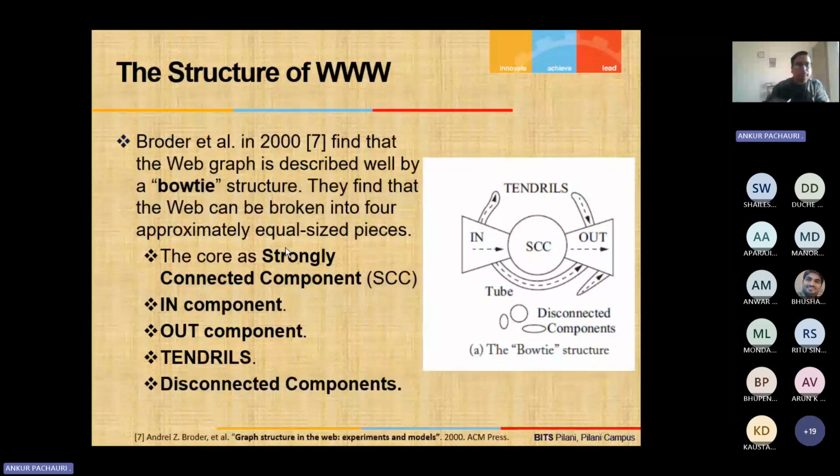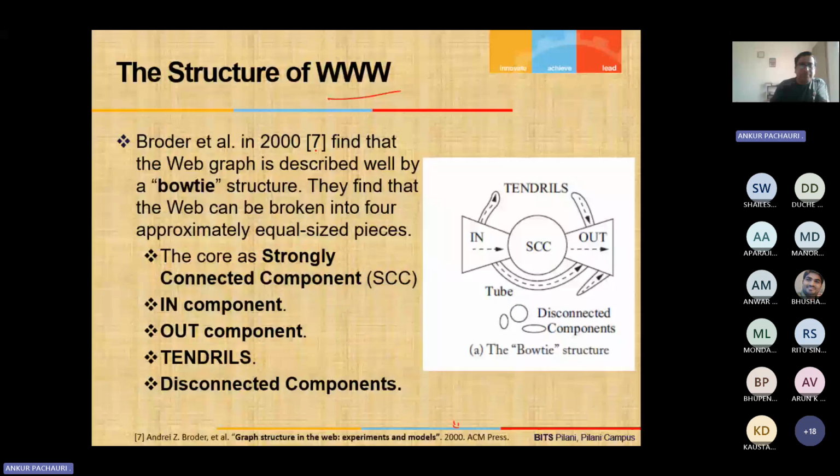Any more queries? Okay, fine. The last thing is, there was one more researcher who performed web scraping on the WWW, and then he came up with how the WWW looks.